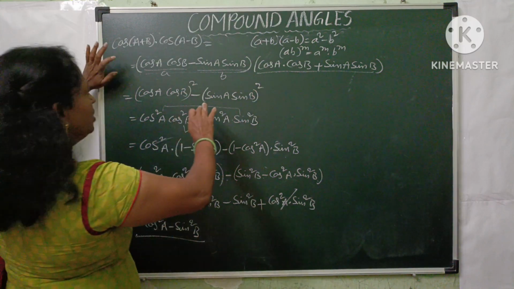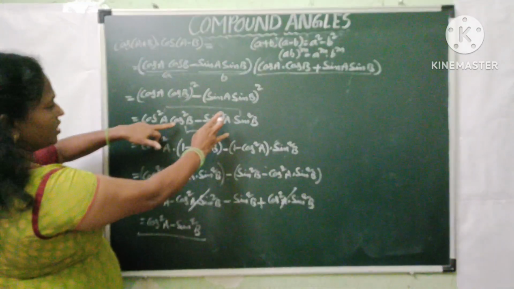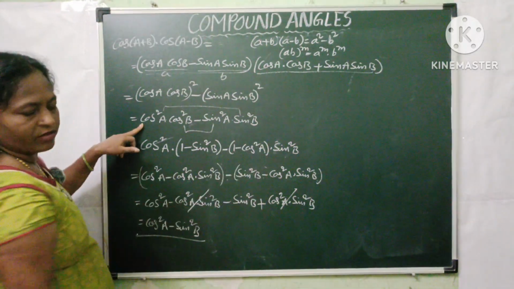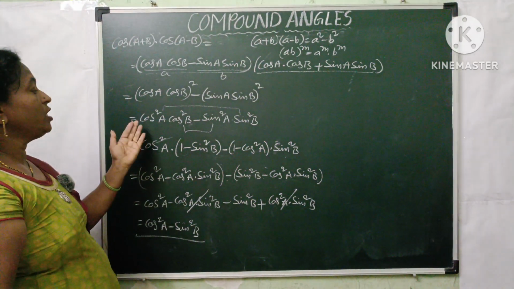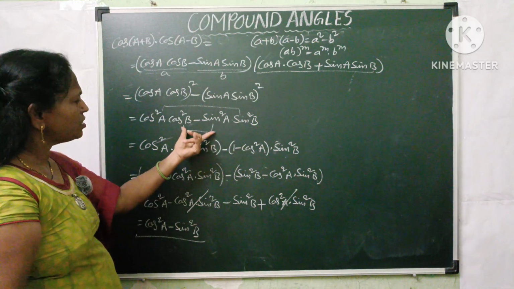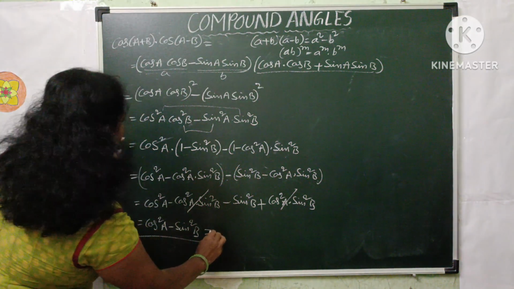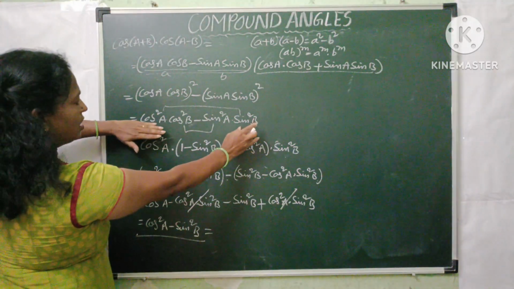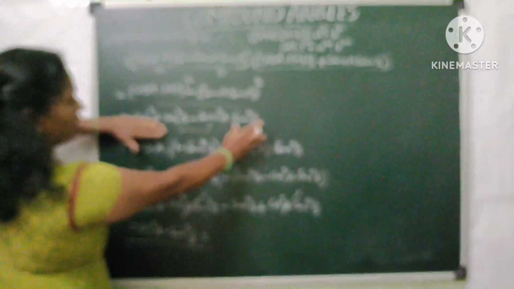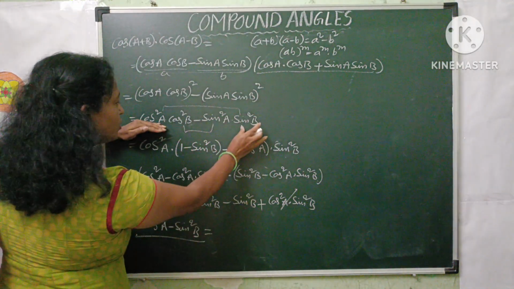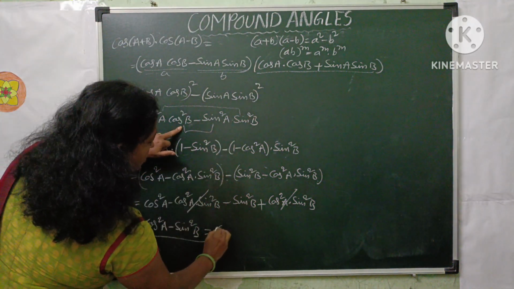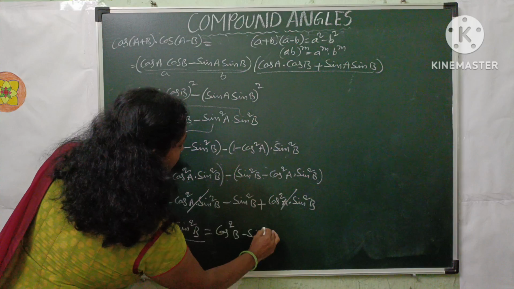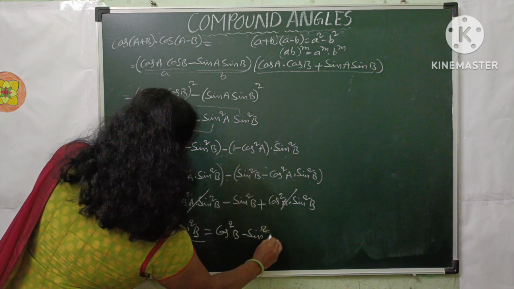Observe here, this is one formula. If you change these two ratios, we get the answer as cos square a minus sine square b. Again, if you change the other two ratios, we get cos square b minus sine square a.